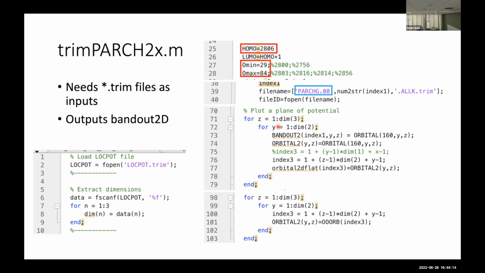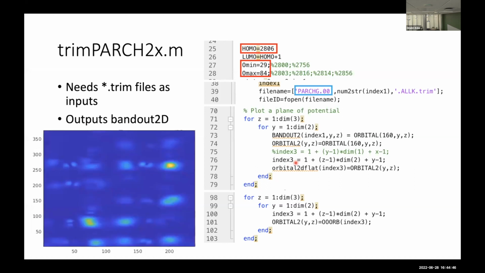This first, the Z equals, the Y equals, the band out equals, the orbital equals, and the index 3, depending on which dimension you're trying to integrate over. And you would have to make the same modifications to this for loop, which is a little farther down. So in this case, we're integrating over the X dimension. And this script will pump out a figure that looks something like this.